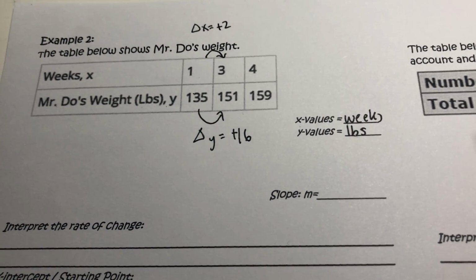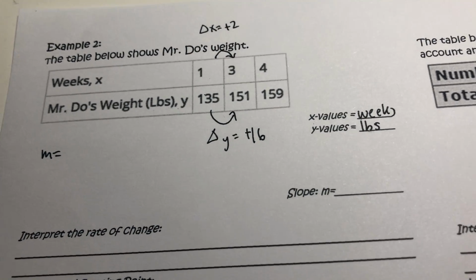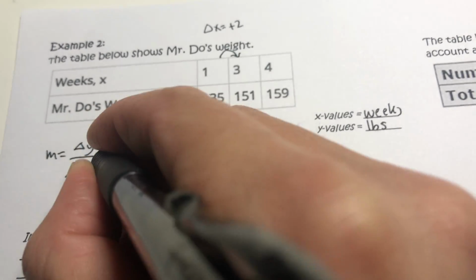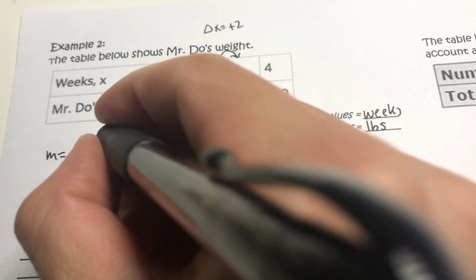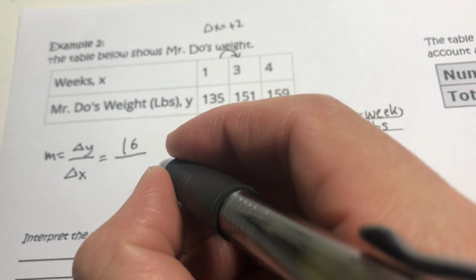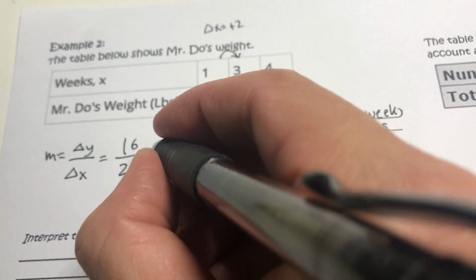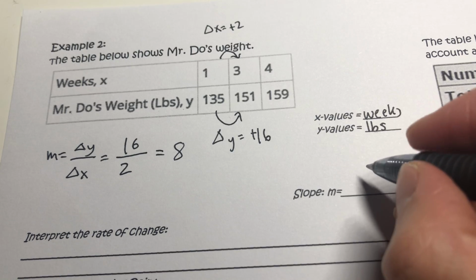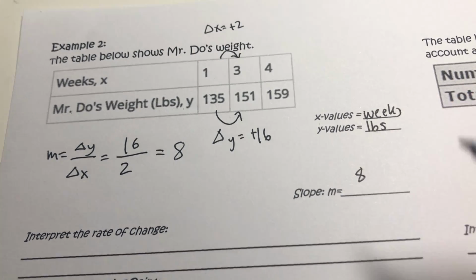So my slope, M, is equal to delta Y over delta X. 16 over 2, which is 8. So my slope, M, is equal to 8.